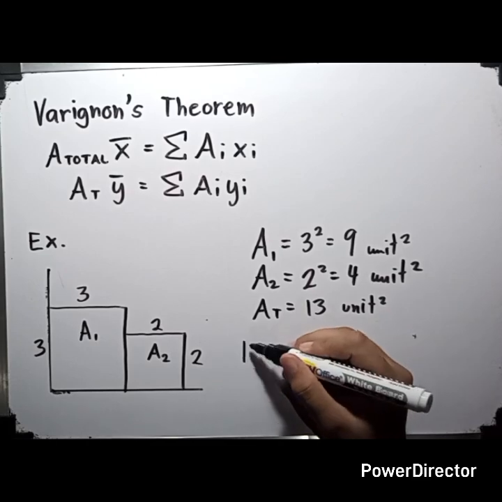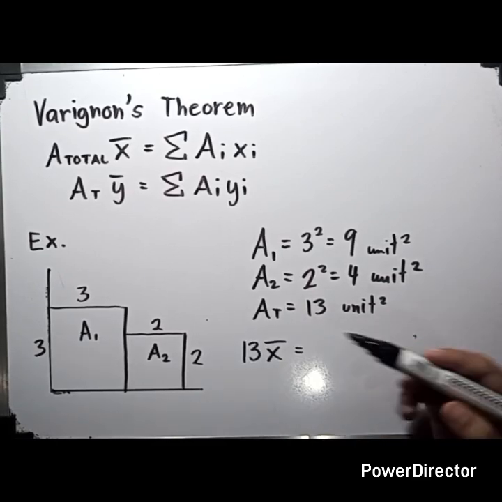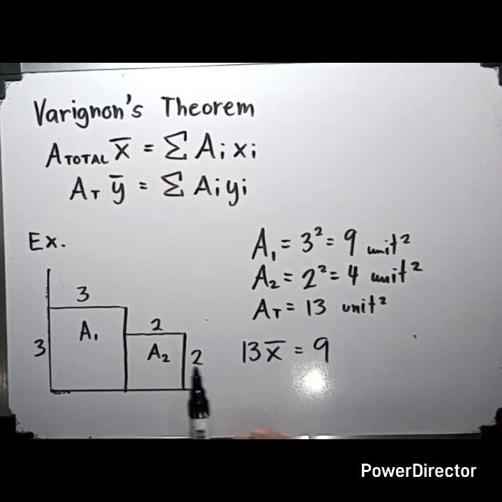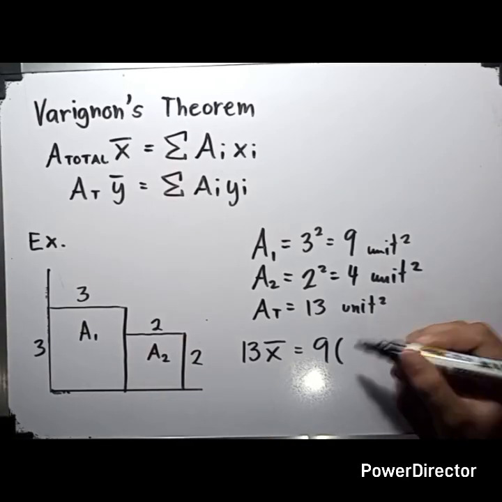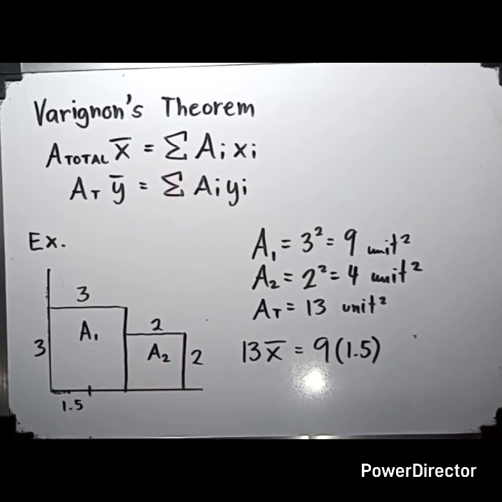And then we can apply Varignon's theorem. We know that the centroid of area 1 along the x-axis is 1.5 to the right. As for area 2, divide the side by 2 and we get 3 plus 1, 4.